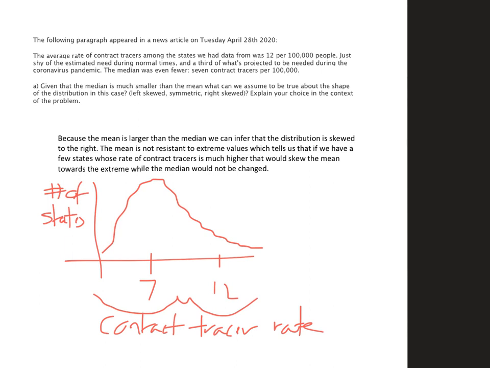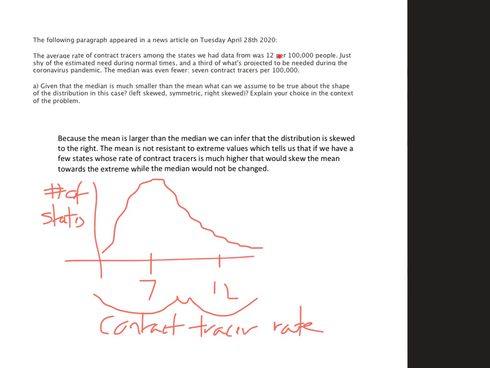So as the number of contact tracers is counted for each state, you're going to have a few states that have very few. Most of your states are going to have around 7. That's our median. And then we've got a few states who have 8, 9, 10, 11, 12.